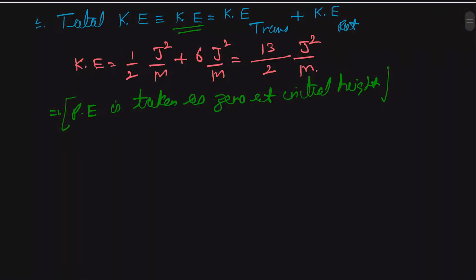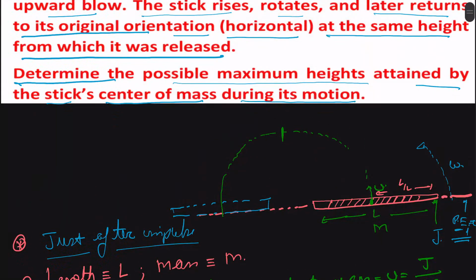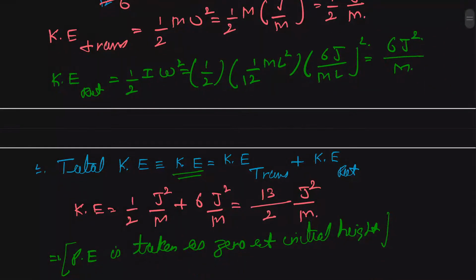In this projectile motion, at the top of the motion, the center of mass for a fraction of a second is going to have only rotational motion, as the mass momentarily stops in terms of the center of mass.